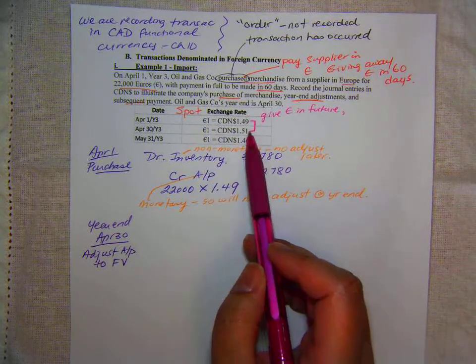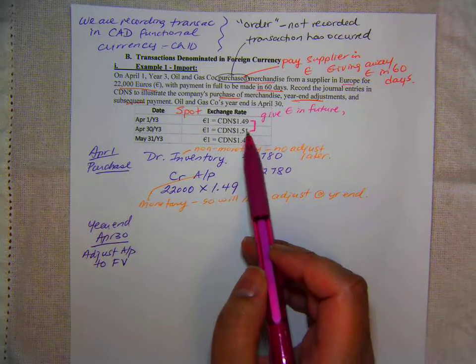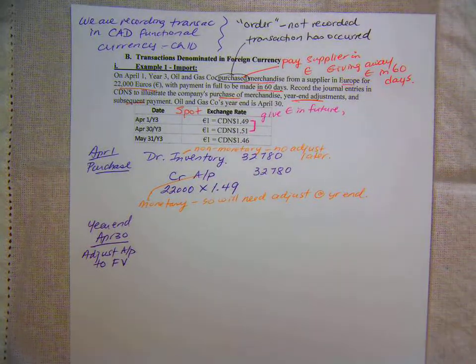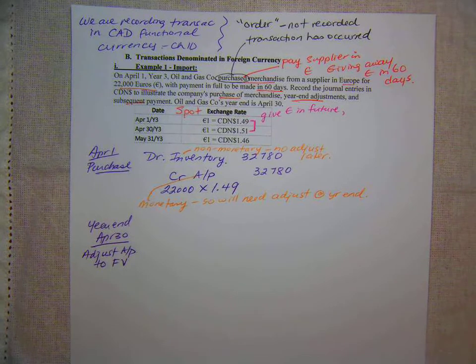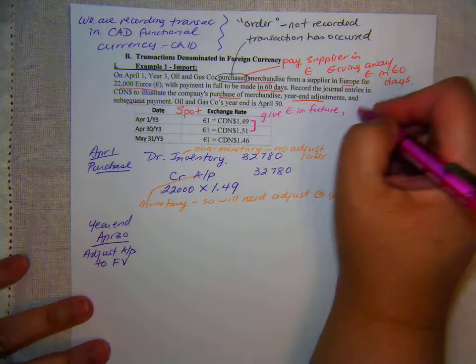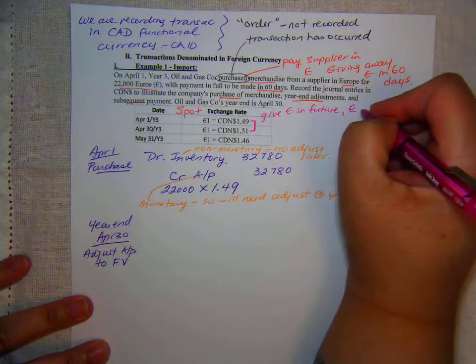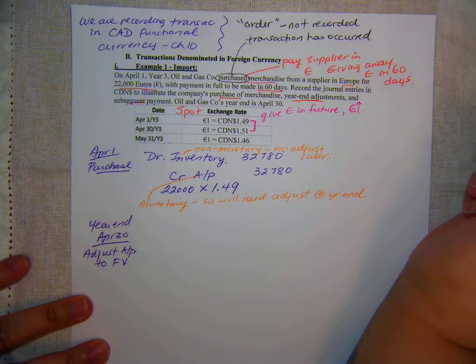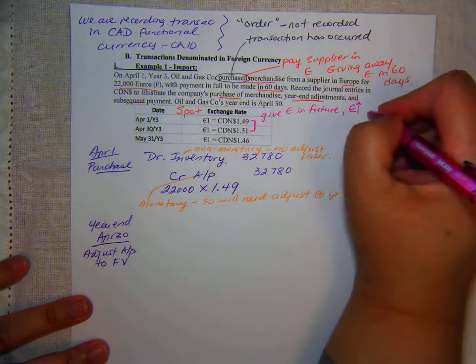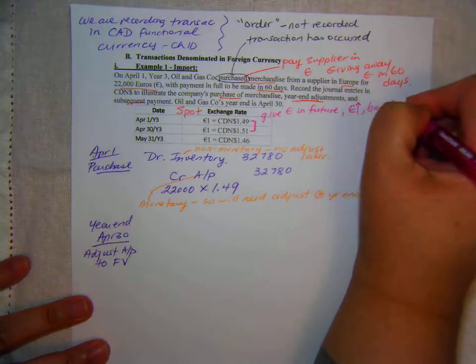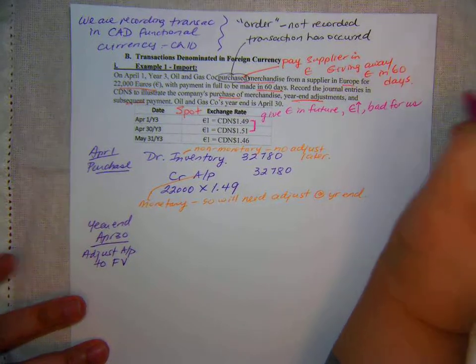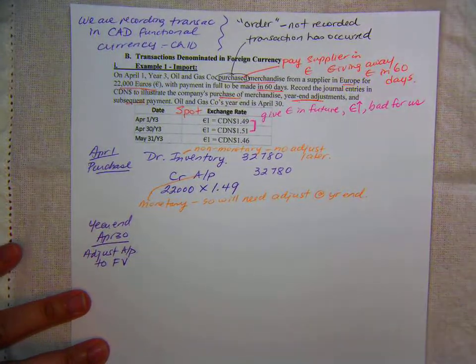Now that 1 pen is worth $1.51. But we have to give a bucket of pens away. And these pens just got more expensive. So the euro or pen increased, which is bad for us because we have to buy a wheelbarrow full of it to give to the other company.